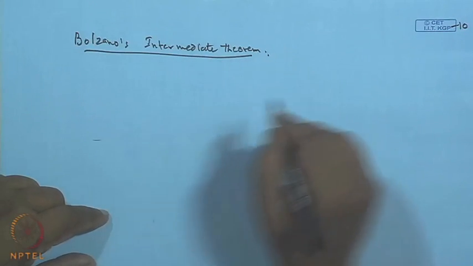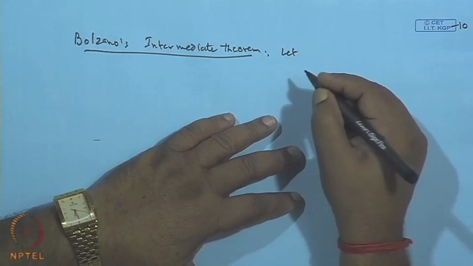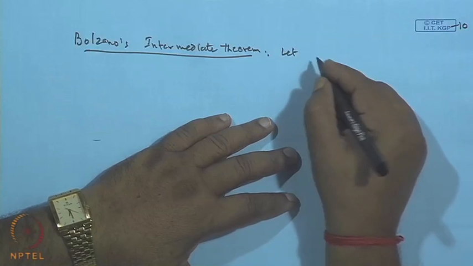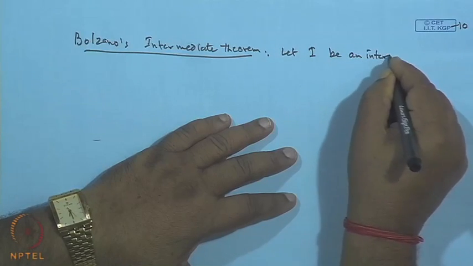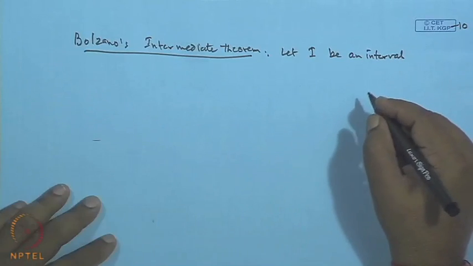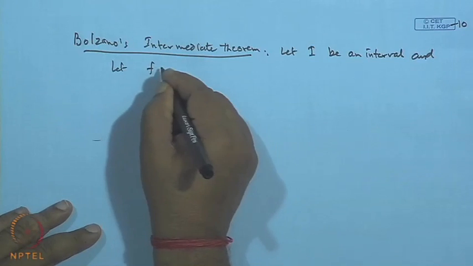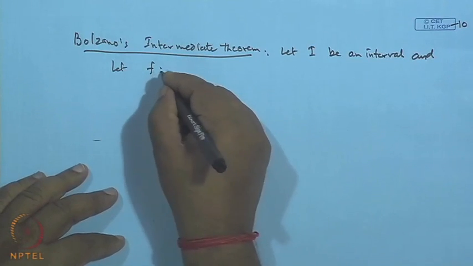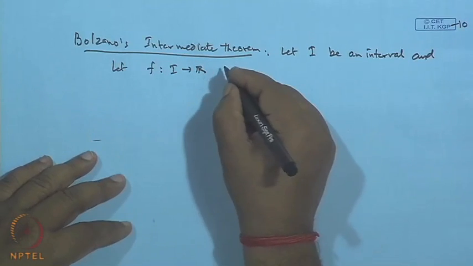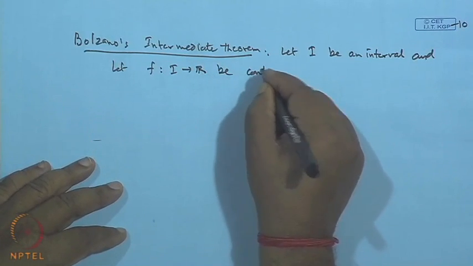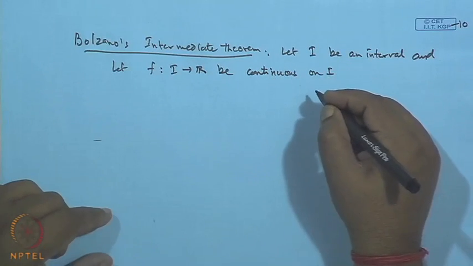What this theorem says: let I be an interval, and let f, which is a mapping from I to R, be a continuous function on I.